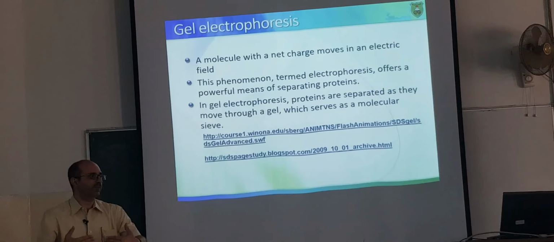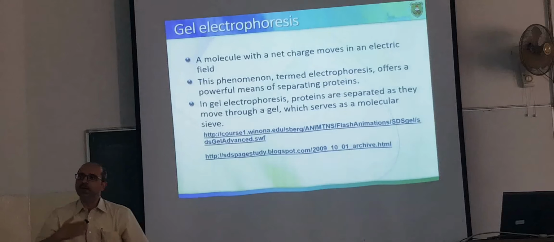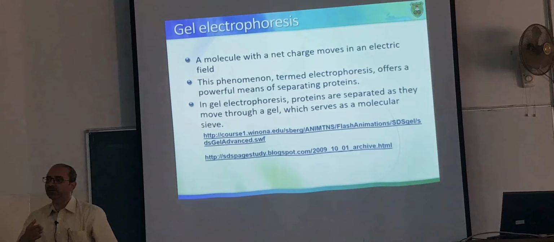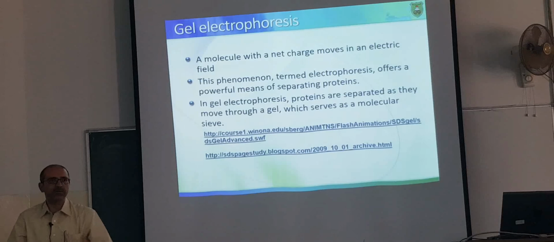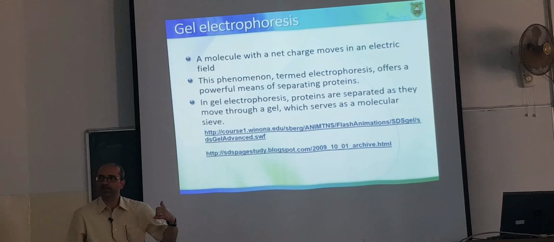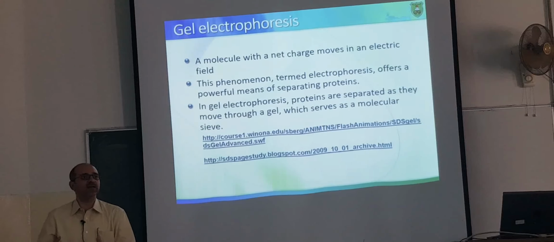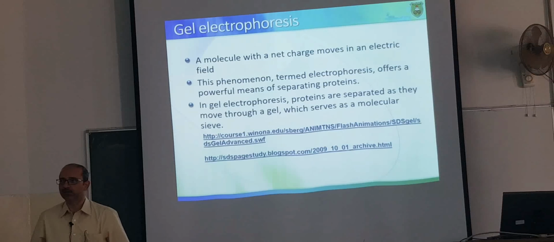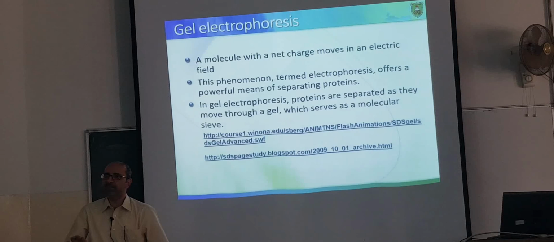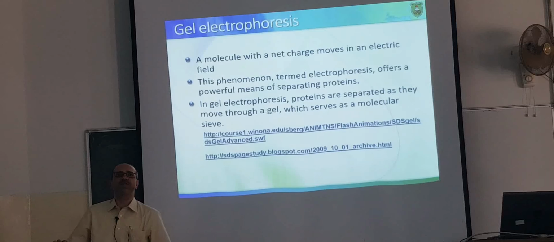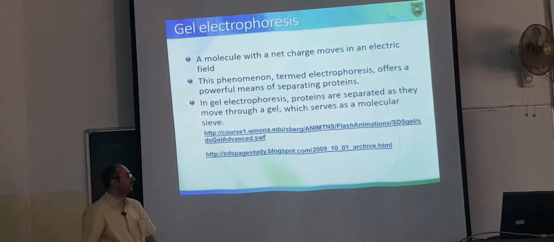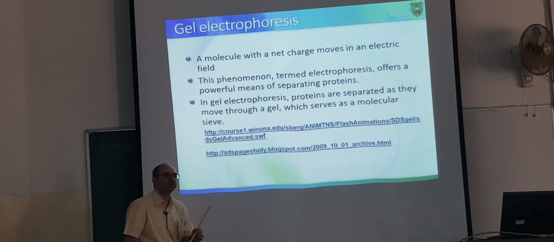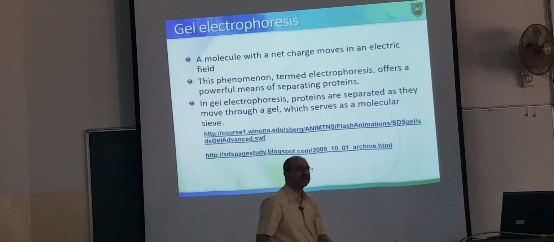Phoresis movement. يعني movement أو separation of molecules, يعني proteins in our case, in an electrical field through a gel. Okay? هذا معناه gel electrophoresis. And this is a method by which we can separate proteins based on size.